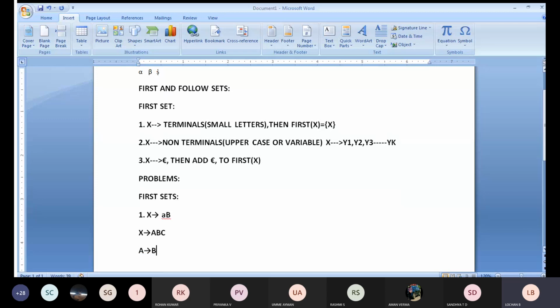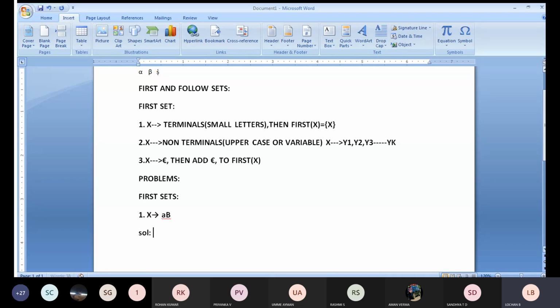If A implies B, we move to the B production and check whether any small letter b is there. If it is not there, we continue the production. If the production is continued, we need to check; otherwise, if it is not there, we stop as it is. If you get epsilon, we will solve that one next.